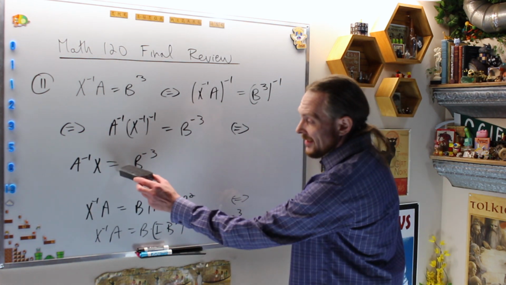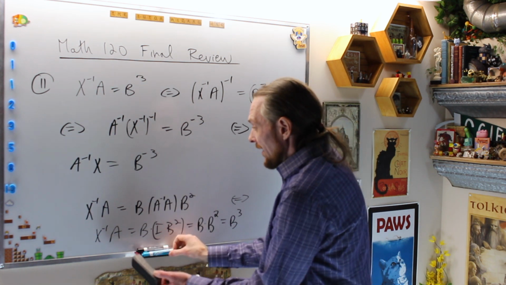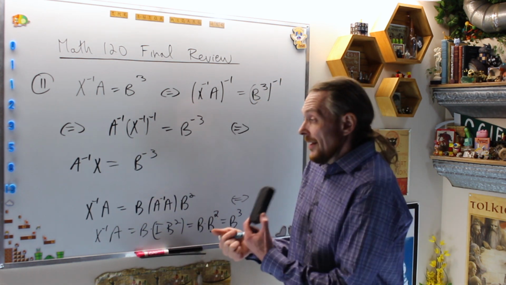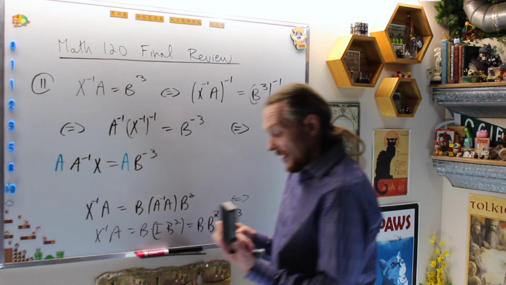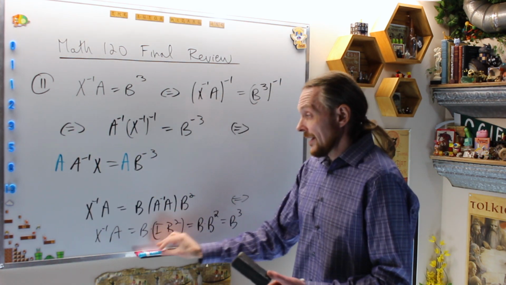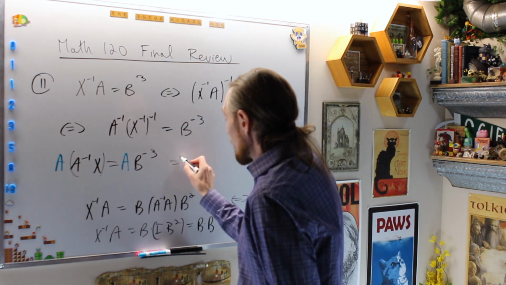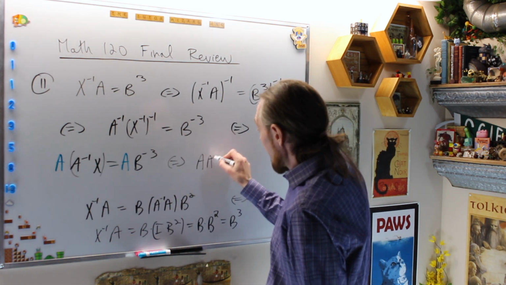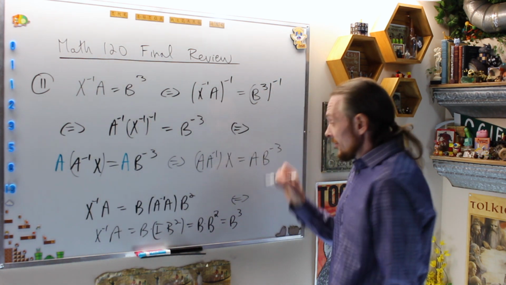And now I left space specifically because what I'm going to do now is multiply both sides on the left by A to get rid of the A inverse. So I'm multiplying both sides by A. What does that give me? Here you can see I would associate the brackets. That gives me A A inverse X equals A B to the minus 3.